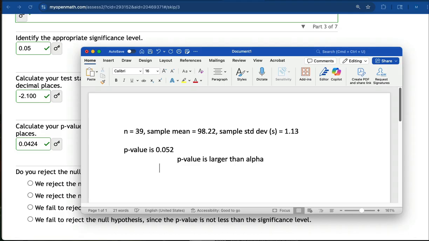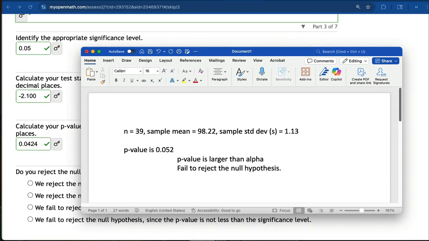And when that happens, the opposite of rejecting the null hypothesis is failing to reject the null hypothesis. So we are going to fail to reject the null hypothesis if the p-value in fact had been larger than alpha.